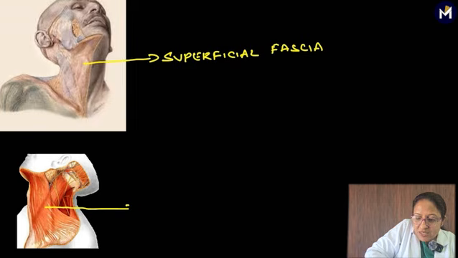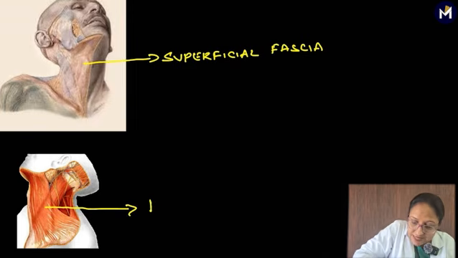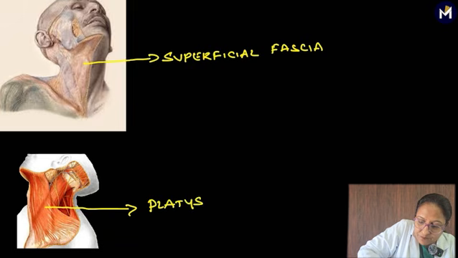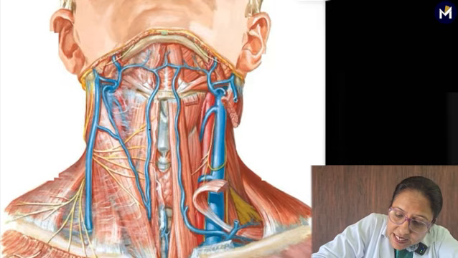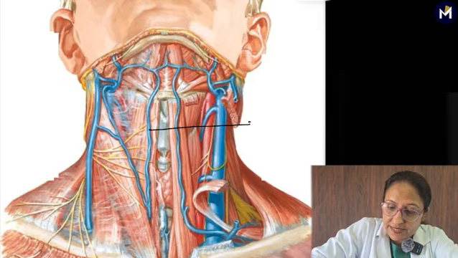This superficial fascia has very important structures which you should identify today itself. The first structure is this muscle over here. This muscle is platysma, which covers partly the midline structure over here. So apart from platysma, we also have these veins over here in the midline.